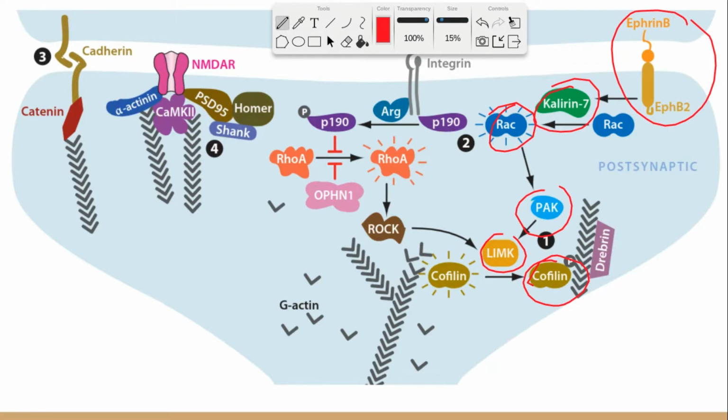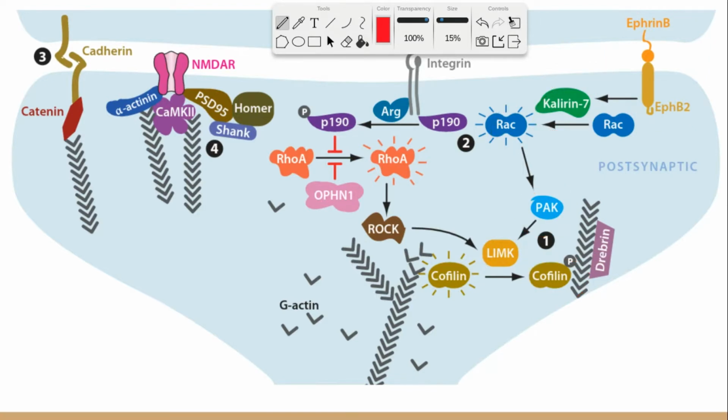Another protein that is activated by GTP-bound RAC, up here, is a protein called IRSP53. And IRSP53, when bound to GTP-bound RAC, will then phosphorylate and activate this other complex called ARP/WASP.